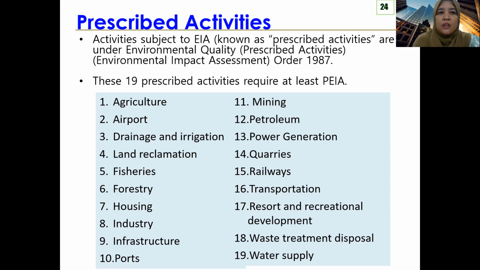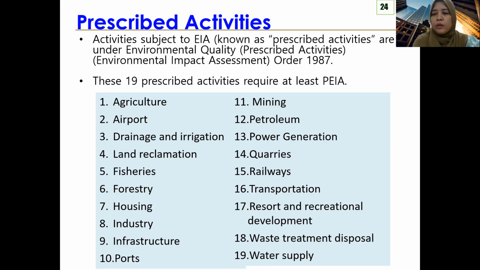So the activities that require EIA, once you want to undertake these activities, you have to prepare an EIA and then submit it. These 19 activities require at least a PEIA, the preliminary EIA. As I said before, there are 3 types of EIA. Preliminary is the lightest one.